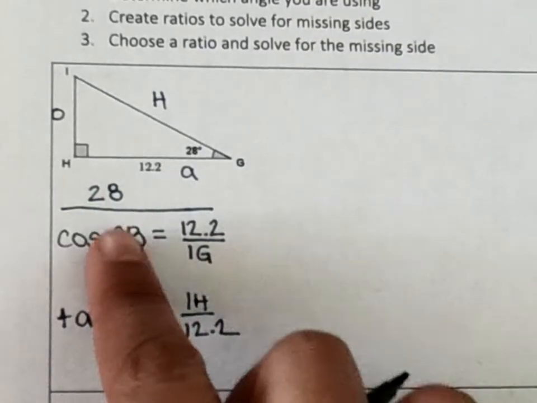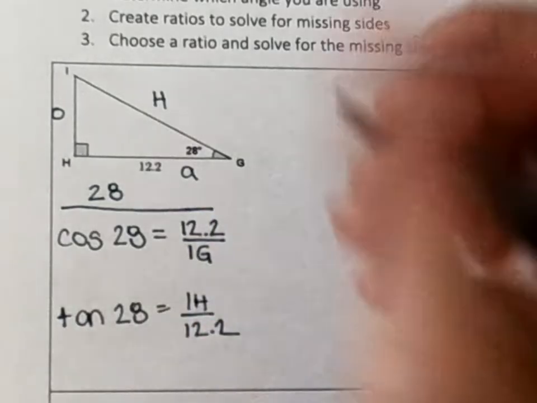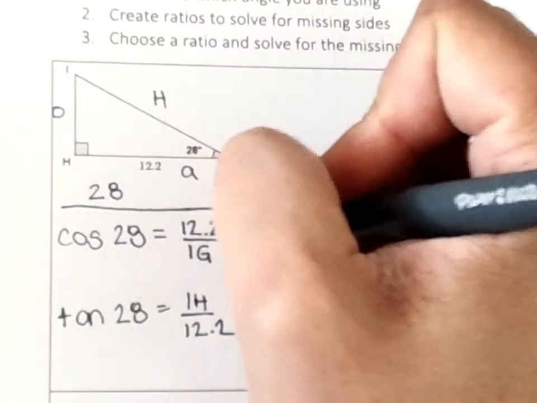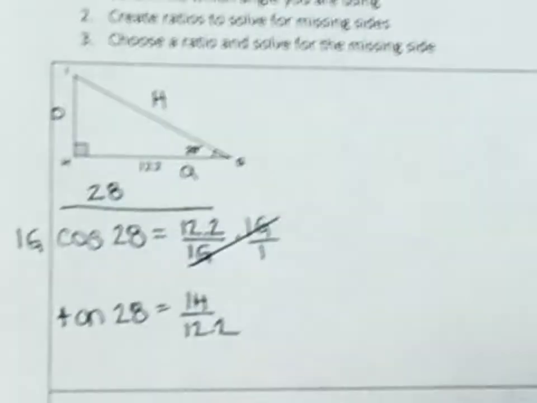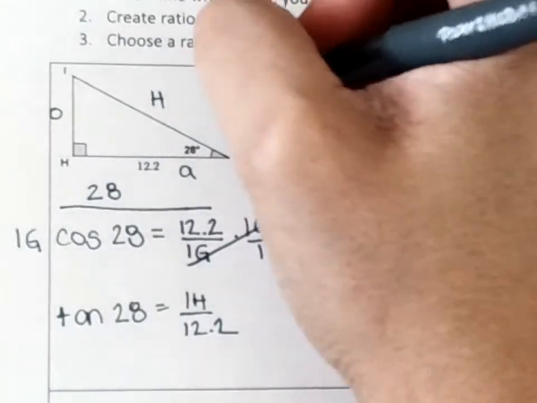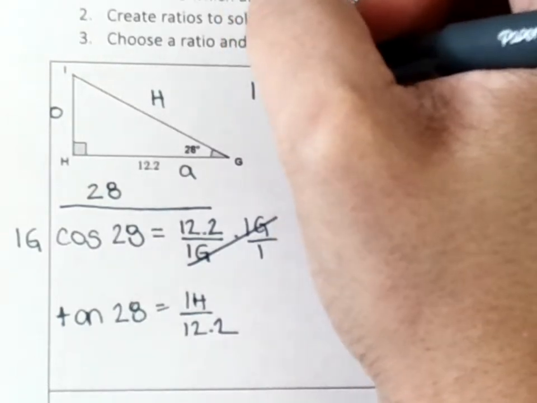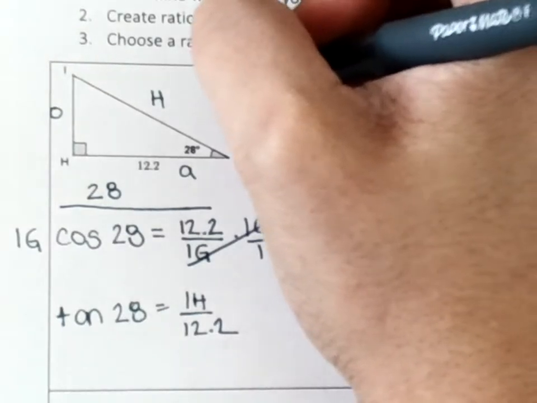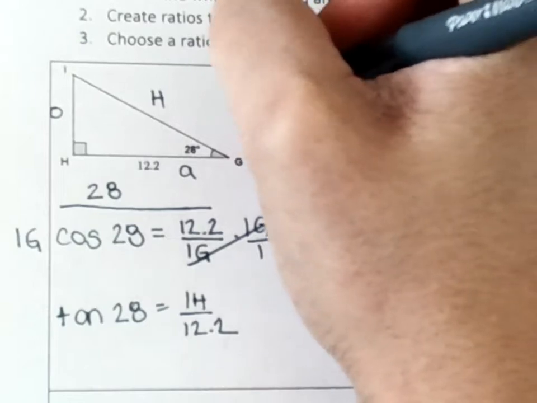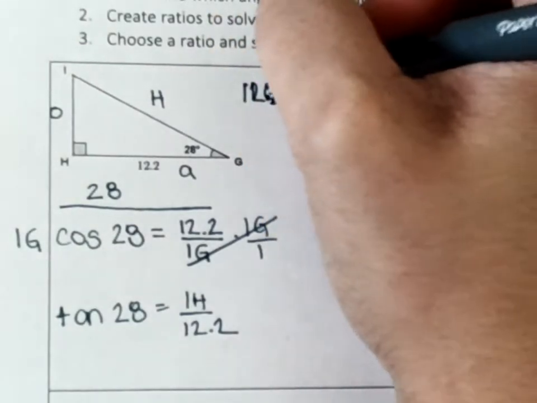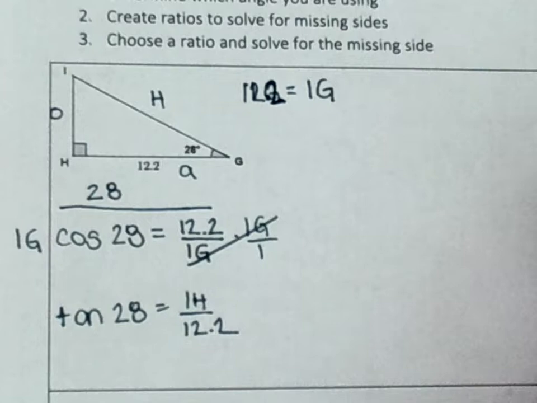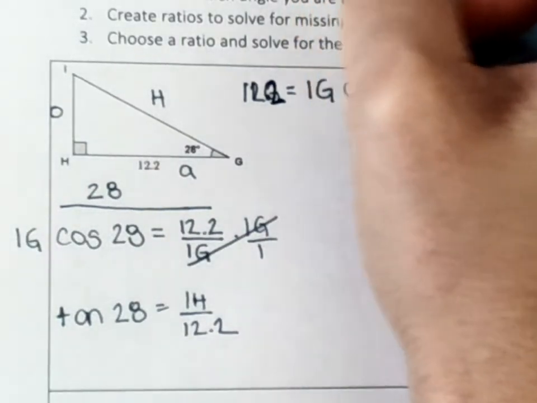So if we were to solve this, we would multiply by IG on both sides. Those would cancel, giving us 12.2 equals IG cosine 28.